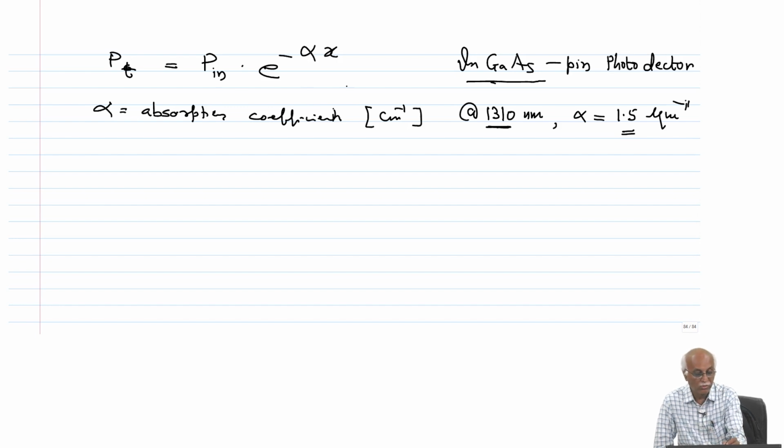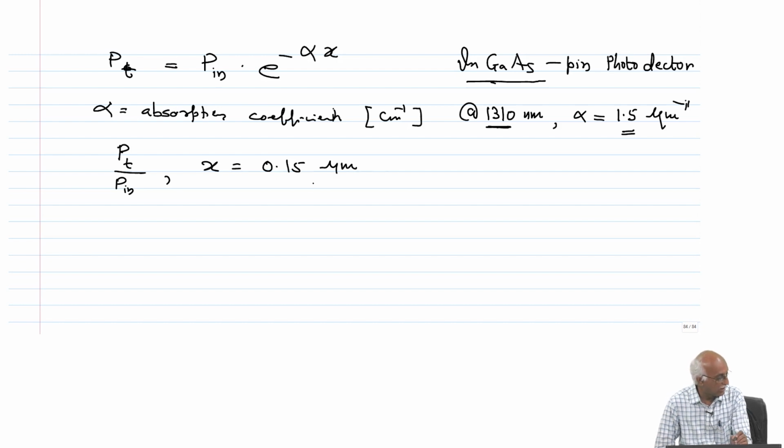So, from this we can easily estimate the transmitted intensity. Let us say it is travelling through the PIN photodiode, and the length through which it is travelling is around 0.15 micrometer. In other words, the thickness of this PIN layer is 0.15 micrometer.